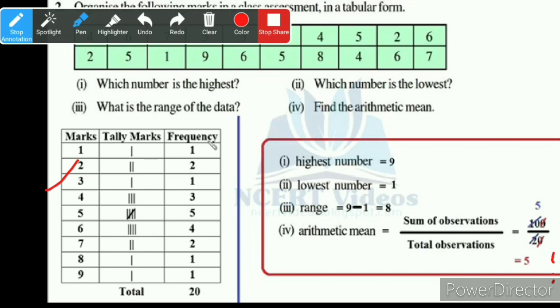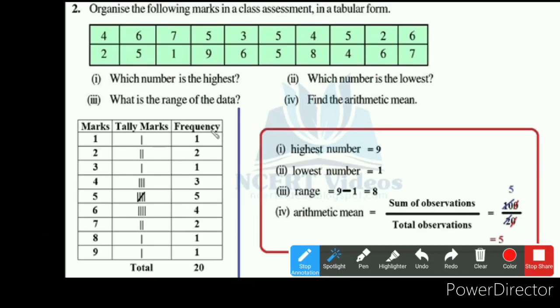The marks 1, 2, 3, 4, 5, 6, 7, 8, 9. The marks given in this table, all these marks are arranged one time. Then tally marks. Here 1 mark was scored by 1 student, so tally mark 1, and frequency we should write in number.